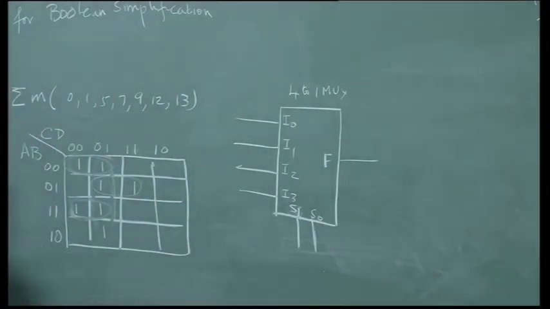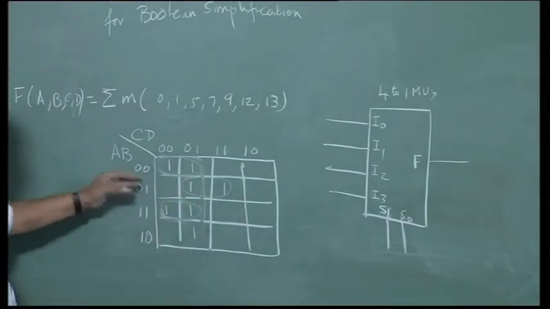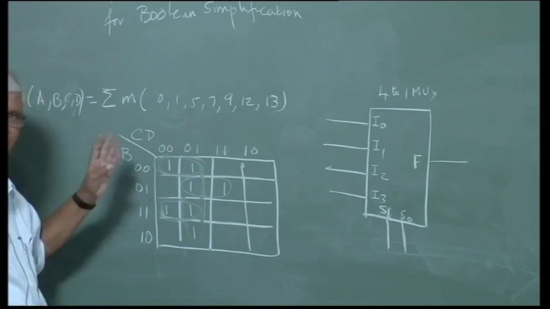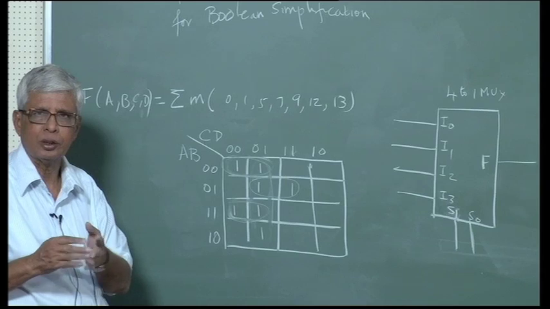What I am going to do is select 2 of these 4 variables as selector variables. I can use AB or CD, or AD, any combination. How many combinations, 2 at a time?